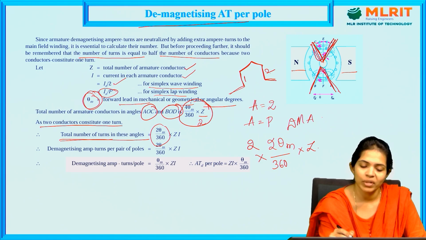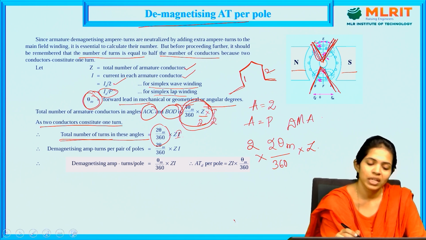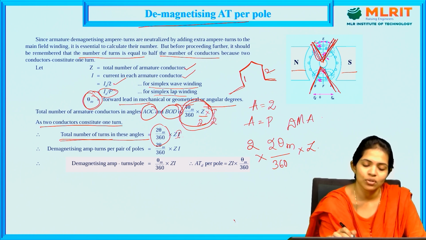So this complete equation will become 2 theta M by 360 into Z into I. If we consider it for wave winding, it is into I by 2, which gives the equation 2 theta M by 360 into Z into I.